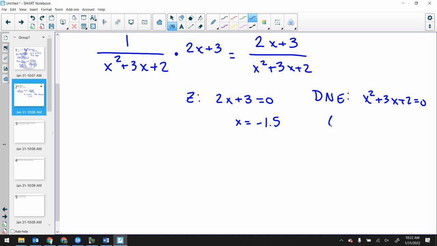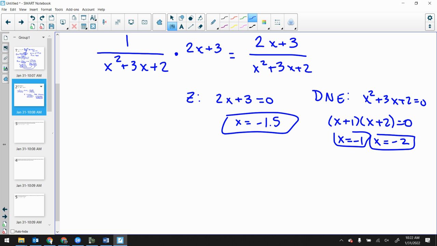And then where it does not exist. So that does factor, x plus 1, x plus 2. So x equals negative 1, x equals negative 2. All 3 of those are critical points. So that is an actual example where the denominator comes into play. Questions on that?